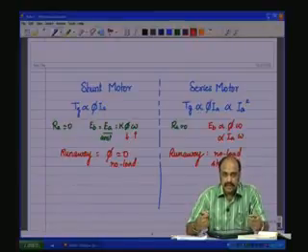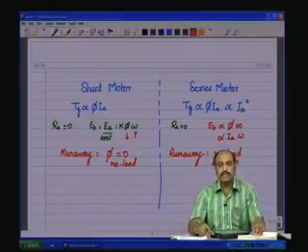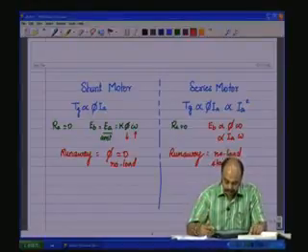So, the Ia starts increasing, and that will give you a torque which is proportional to Ia square, and then the speed picks up very fast.